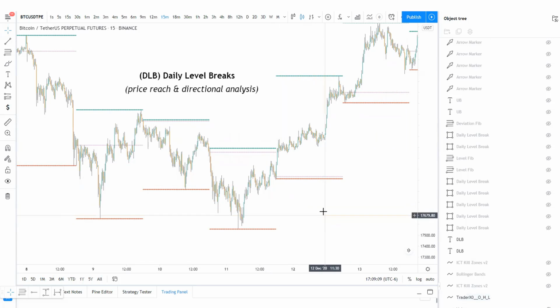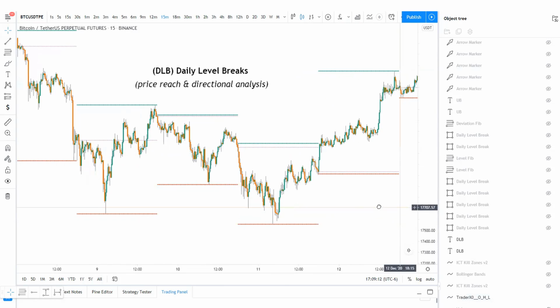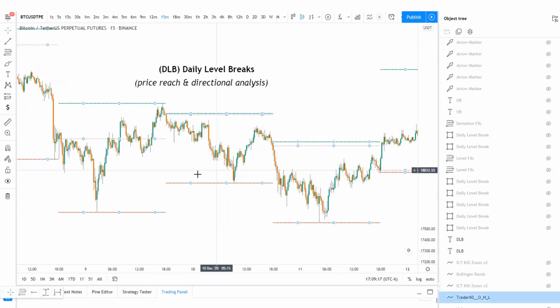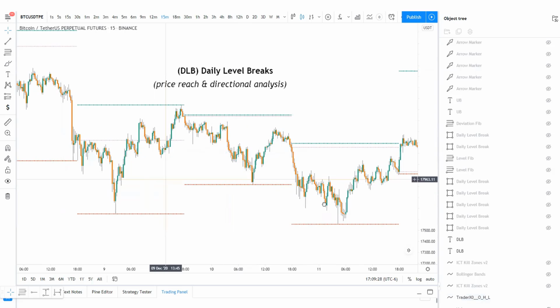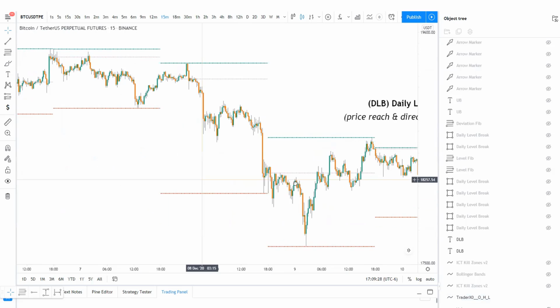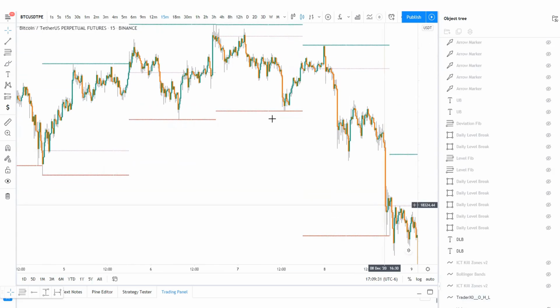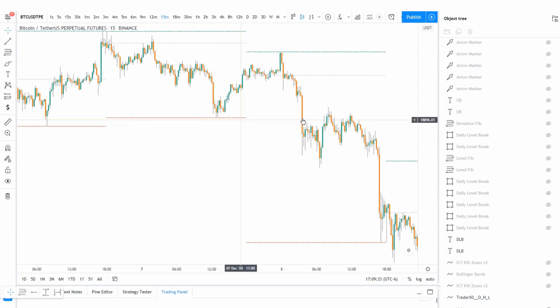Yeah. Okay, cool. The reason that these daily highs and lows are so important is in the way that they're broken. What I want to see to form directional bias is that price does something like this, where it absolutely viciously slams through a level and then starts to stay below.